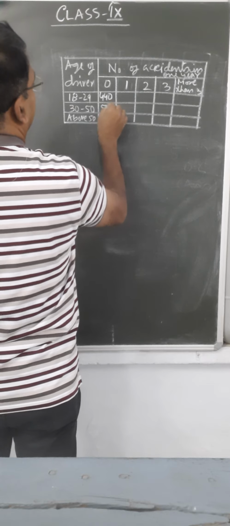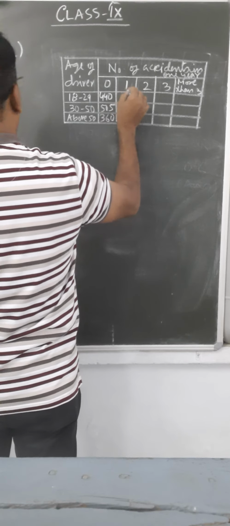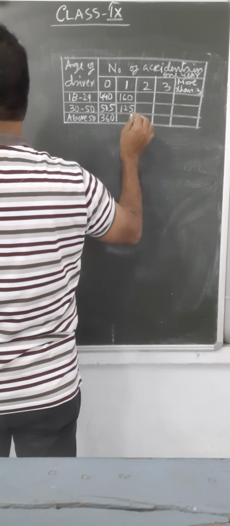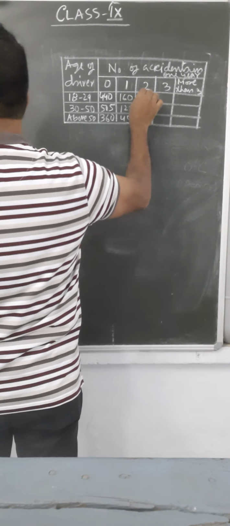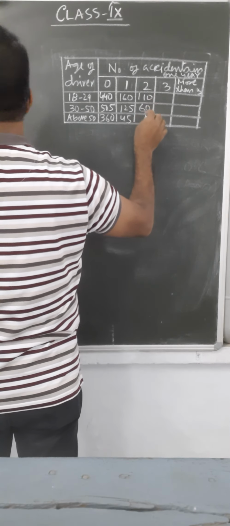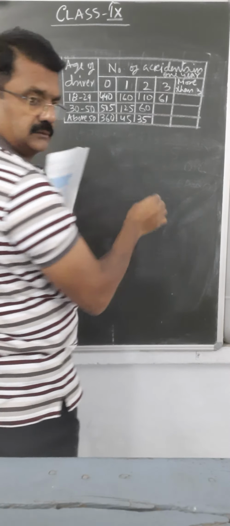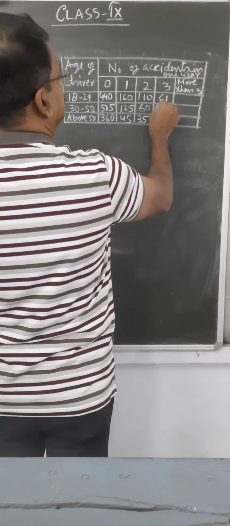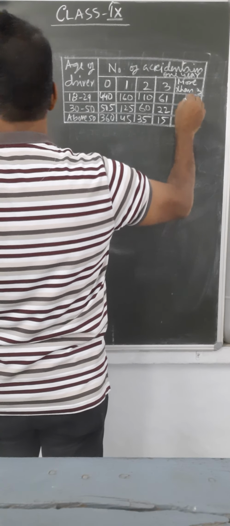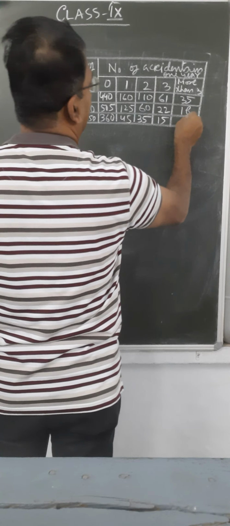Then 505, then 360, then 160, then 125, then 45, then 110, 60, 35, then 61, 22, 15, 35, 18 and 9.